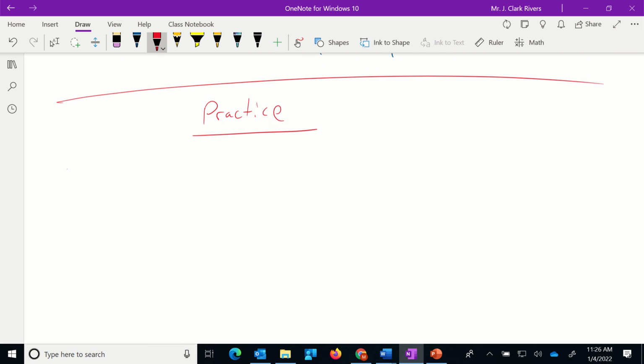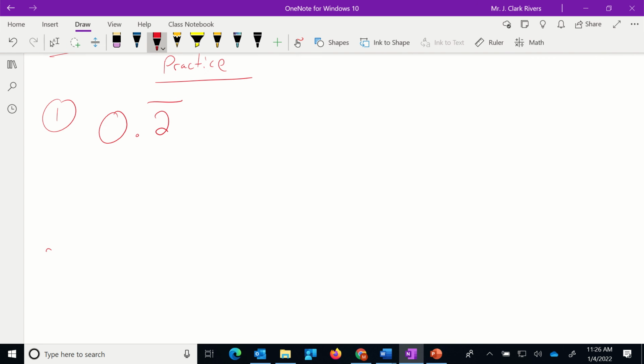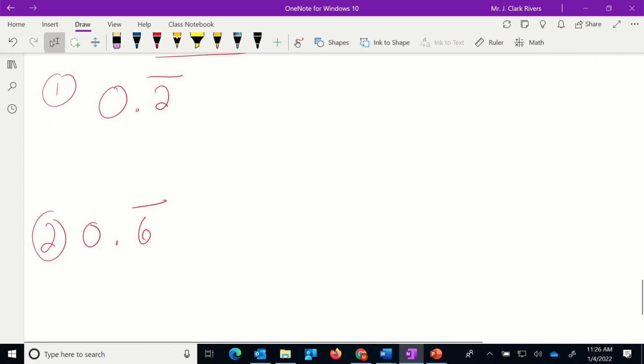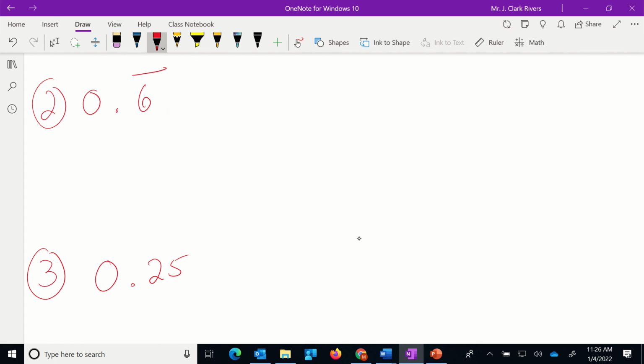Number 1 in the practice section is going to be 0.2 repeating. Number 2 in the practice section is going to be 0.6 repeating. Number 3 in the practice section is going to be 0.25 repeating, where the 2 and the 5 are repeating.